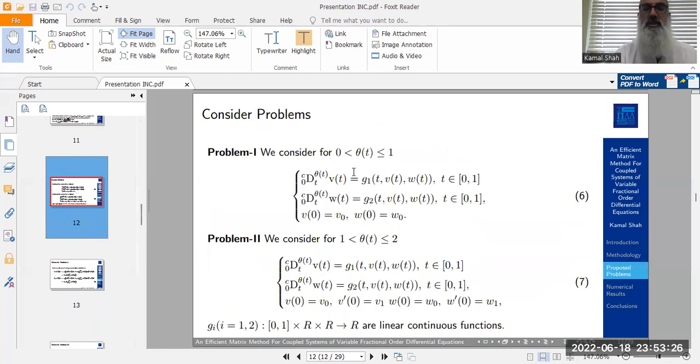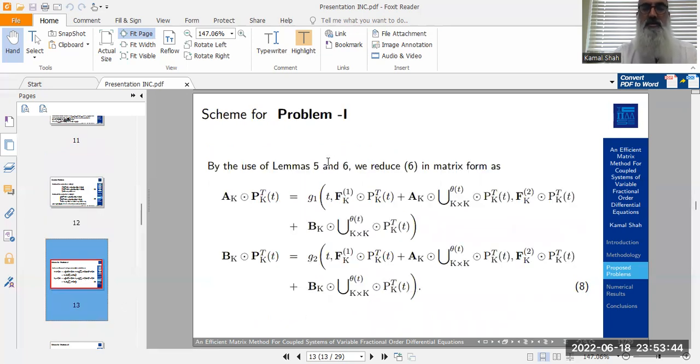Now we establish two algorithms for two problems: one whose order lies between 0 and 1, and the other whose order lies between 1 and 2, where the functions g1 and g2 are linear continuous functions defined as follows. For problem 1, we use lemmas 5 and 6 and reduce it to the matrix system 6.